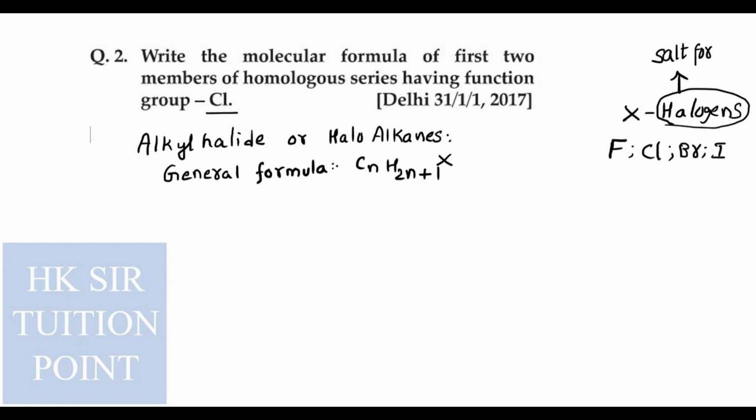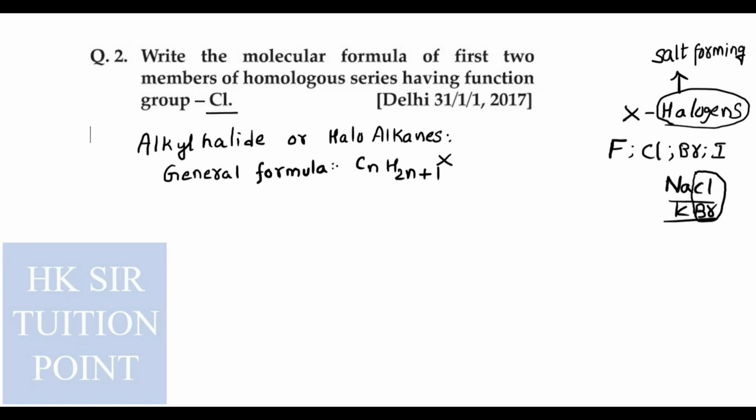We can see most of these elements in seawater in the form of salts like NaCl, KBr. So these non-metals, chlorine, fluorine, iodine, are absorbed in seawater along with the metals. So the word is given as halogens, which means salt forming elements.